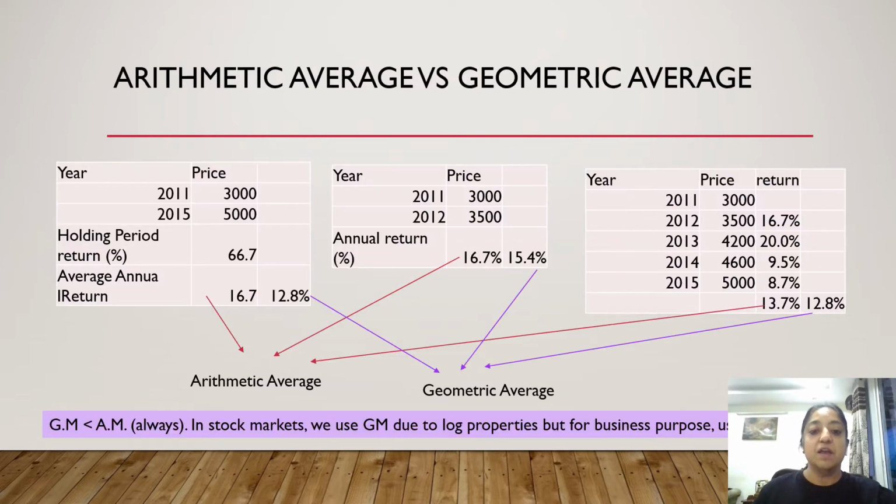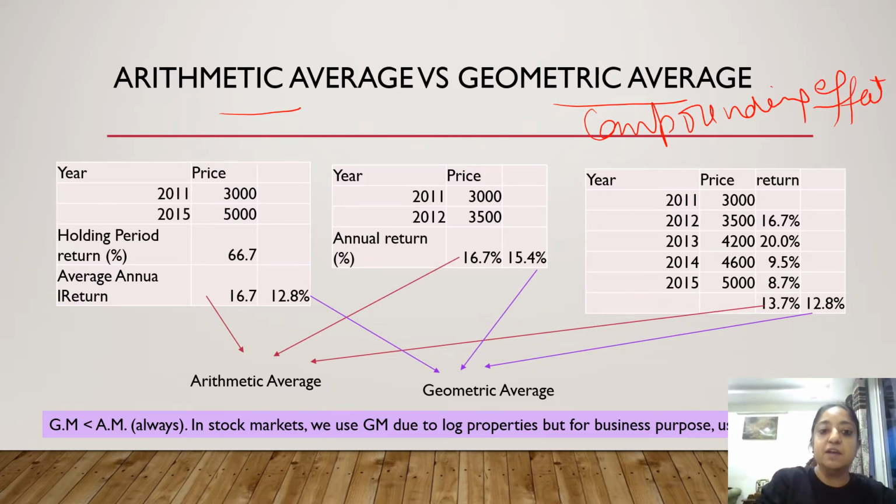Now, when we are calculating the average return for each year, and we want to calculate the average of these, which average should we use? Should we use the arithmetic average or the geometric average? Let's learn what the effect of this is going to be. When I take the geometric average, it takes the compounding effect into account.